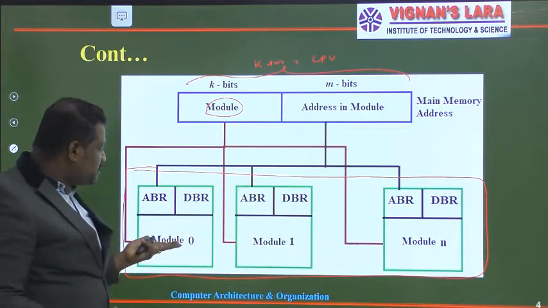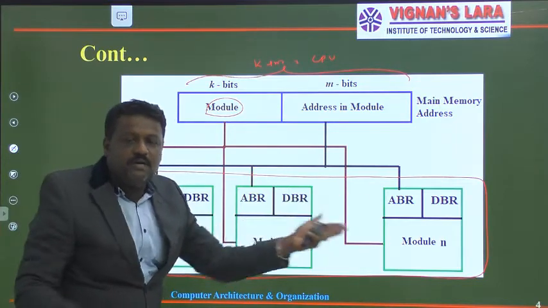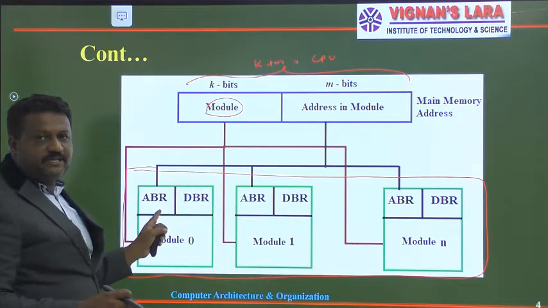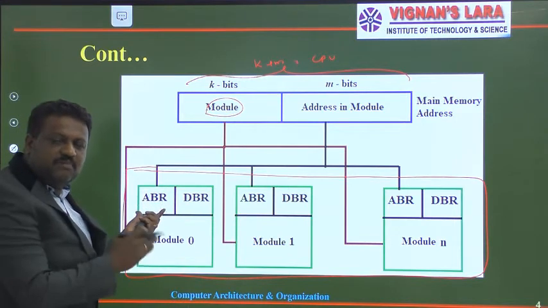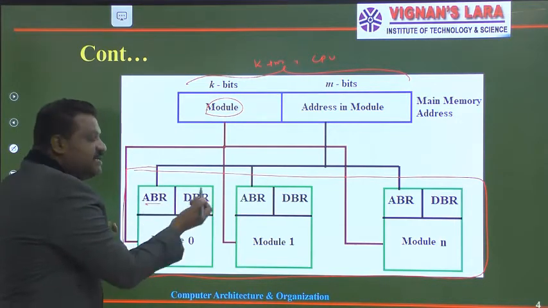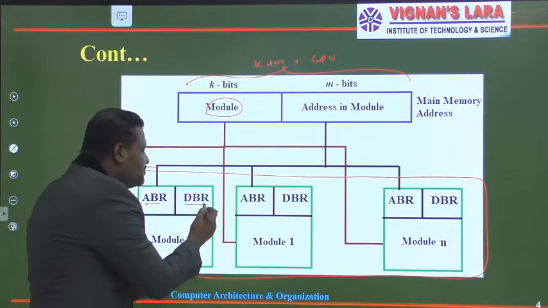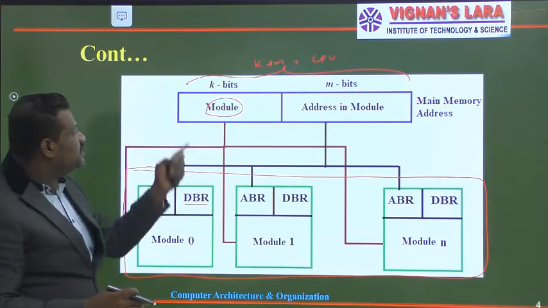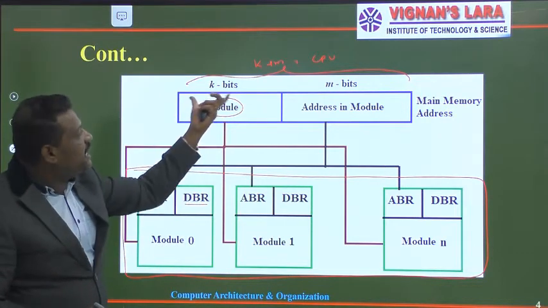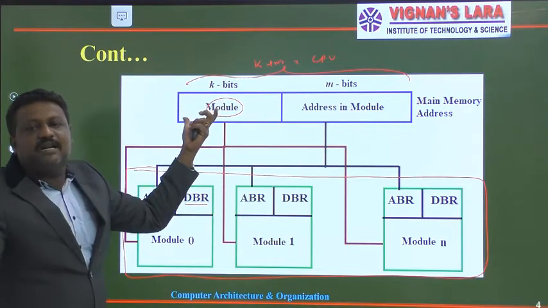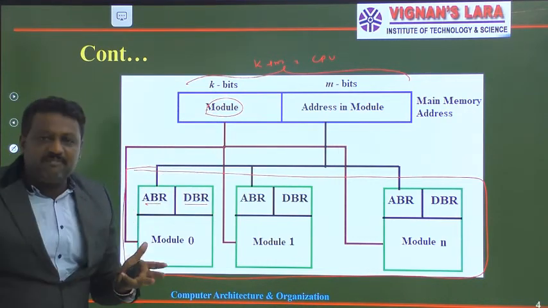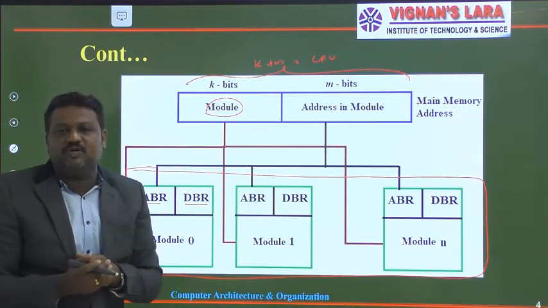If I want to access any location of any module, I take the help of a pair of registers: ABR, the address buffer register, and DBR, the data buffer register. Here I clearly told you that the higher order k bits of a CPU generated address are used for the name of a module, or for selection of a module.